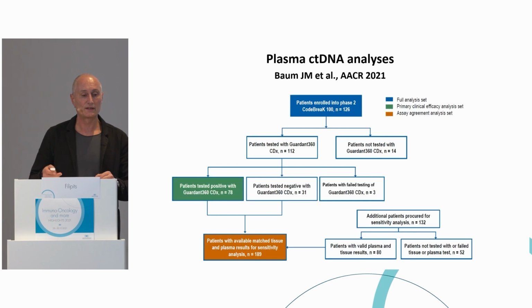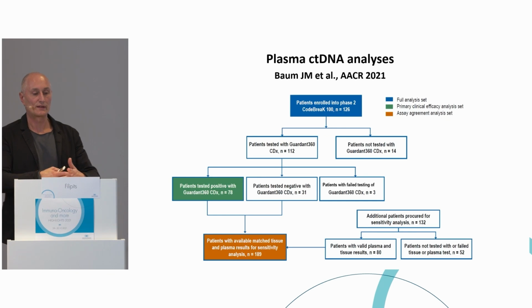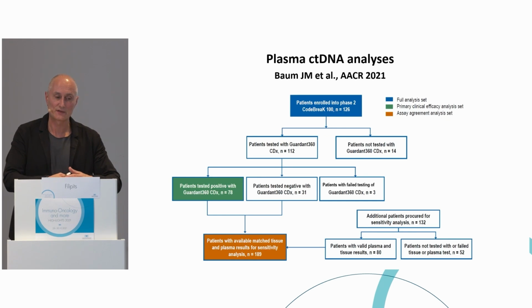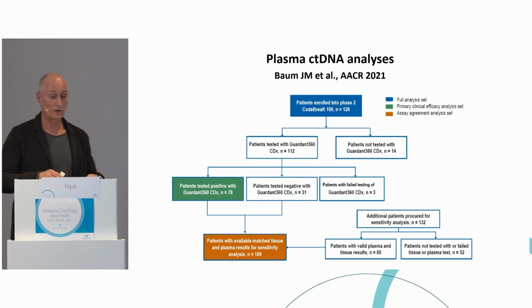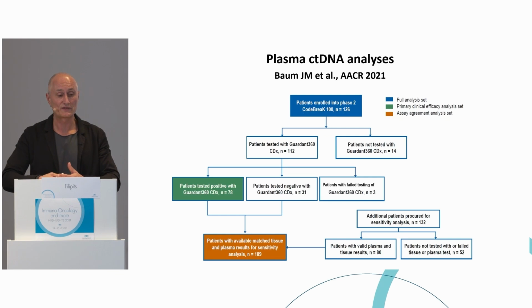What they also did was analysis of plasma circulating tumor DNA, which is important also maybe for diagnostics, at least in patients where tissue results are not available. Maybe they can use plasma for the confirmation of the mutation. And they were able to collect blood from all 126 patients of this phase 2 trial.